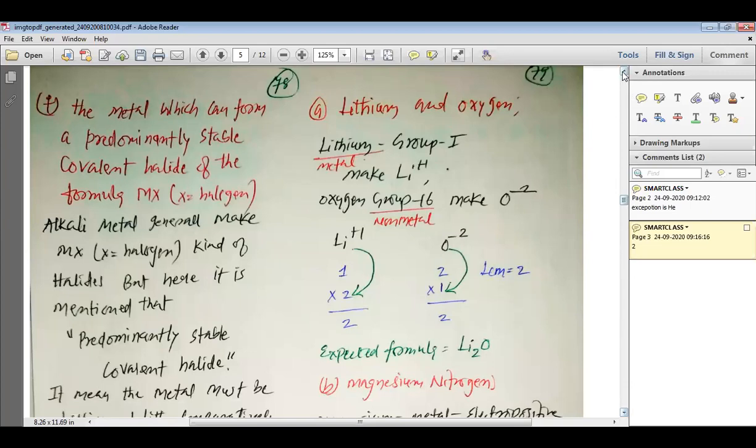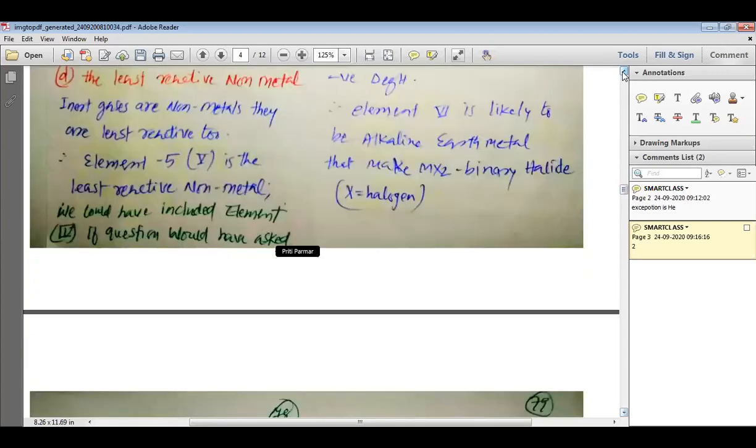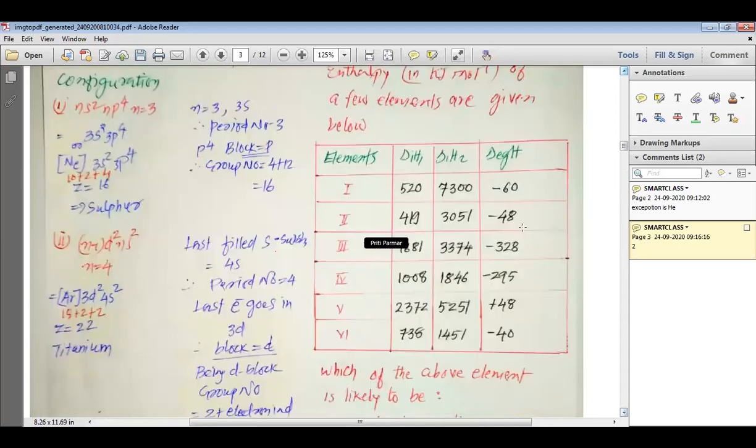Looking at the low first ionization enthalpy, the lowest is 419 and then it comes to 520. This shows that element 1 is also an alkali metal, but its first ionization enthalpy is lower than the second element. That means going down the group, the ionization enthalpy decreases. That is what it shows.